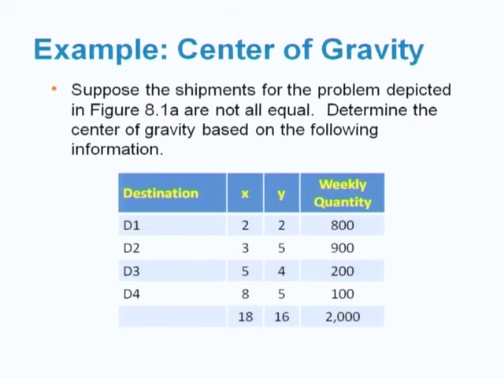But destination D2 requires 900 units. The total of the quantity shipped to all destinations equals 2,000 units.